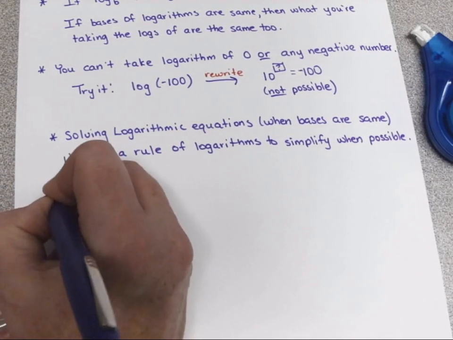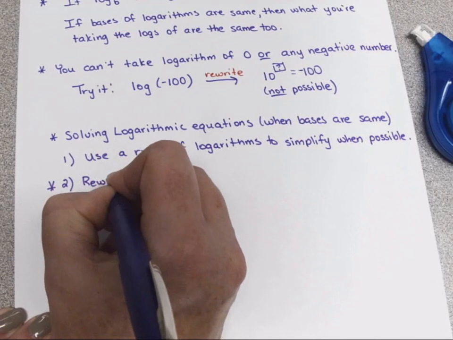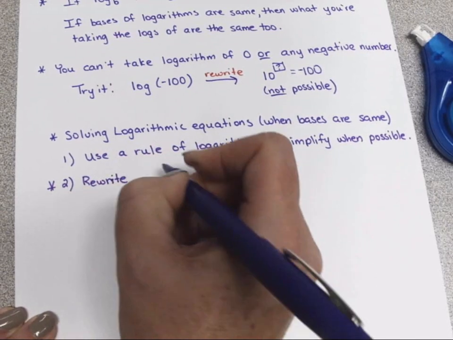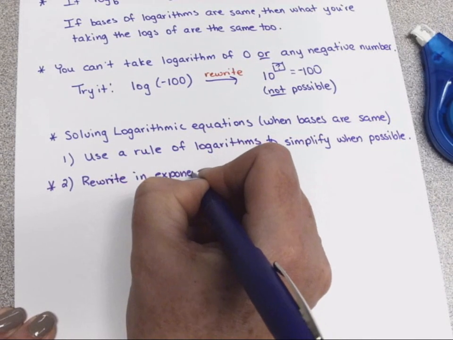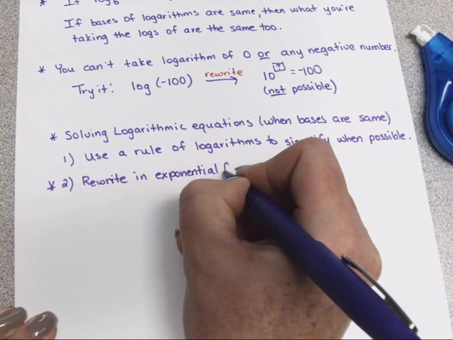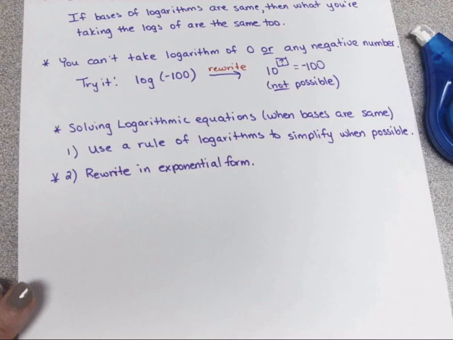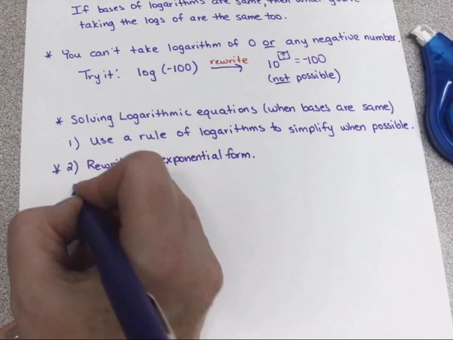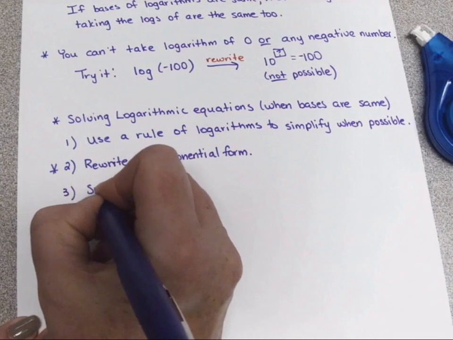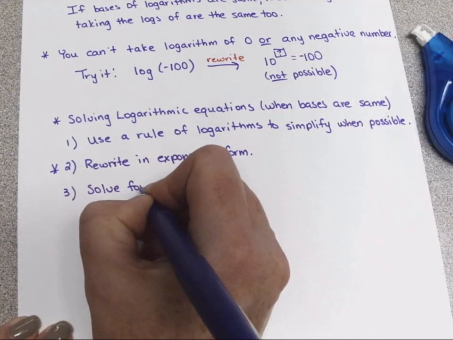Number 2, I'm going to put a star by this. If you can get this rule, then you usually get the hardest part of the problem done. Rewrite it in exponential form whenever you can. In other words, you're going to have to remember, where do things go? How do I rewrite a log as an exponent? And then last but not least, you're going to solve for x.